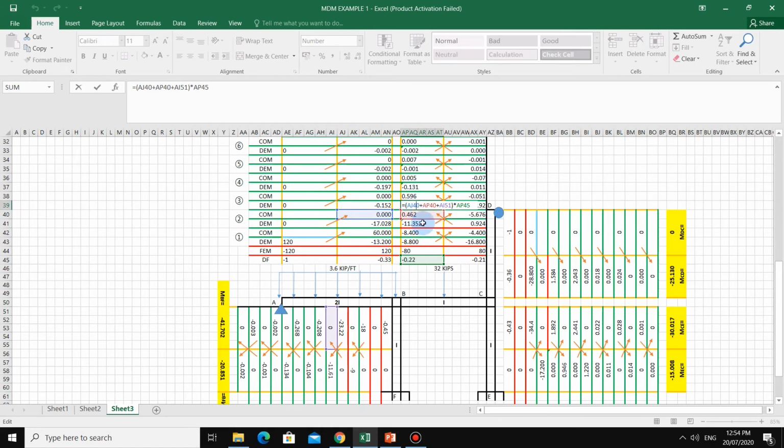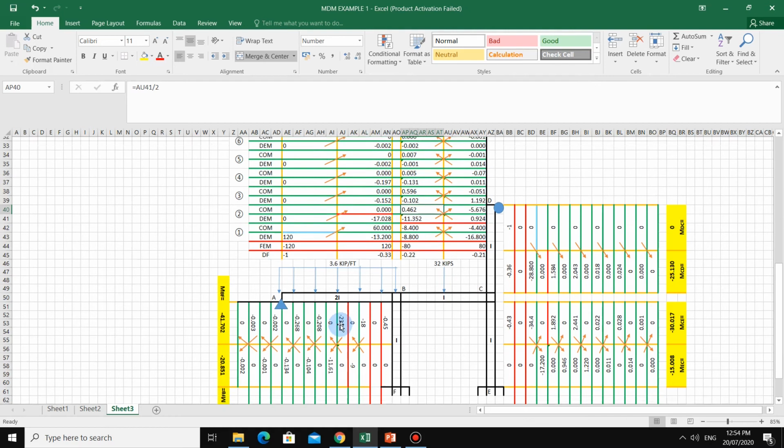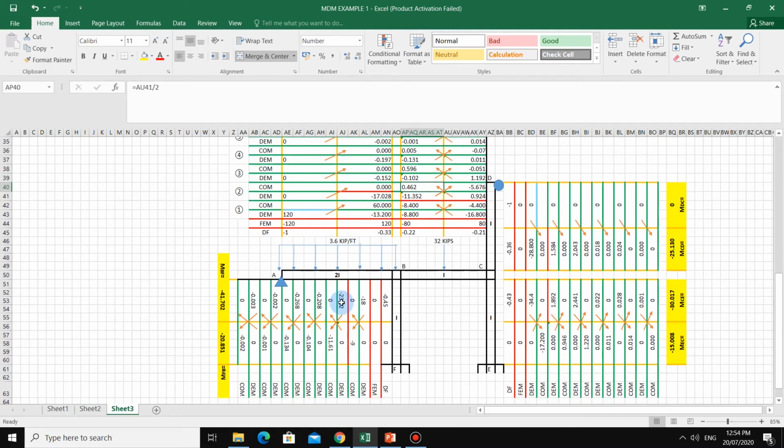Also here, times the distribution factor. Again here, CUM from the second cycle, then times the distribution factor. Okay, that is at joint B.